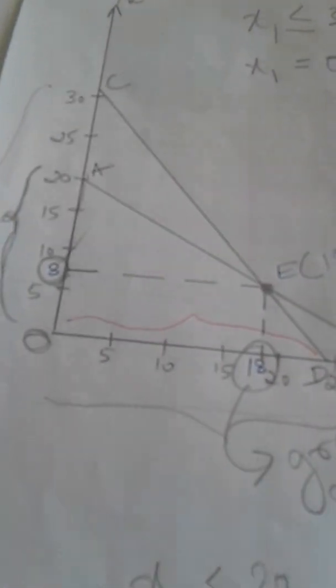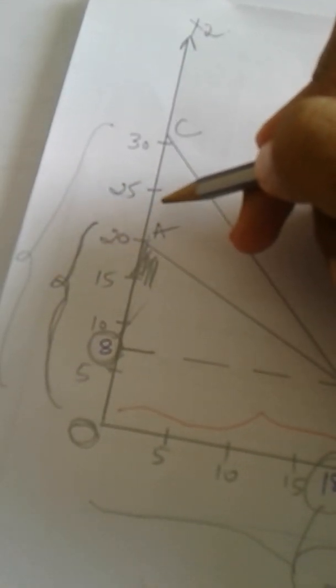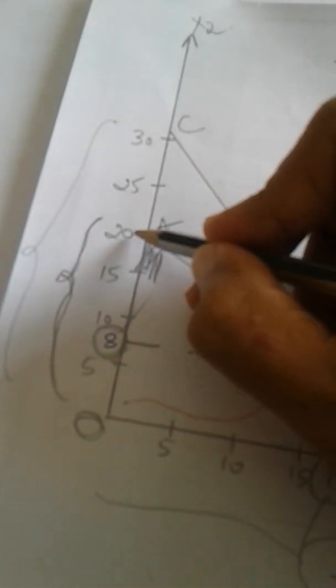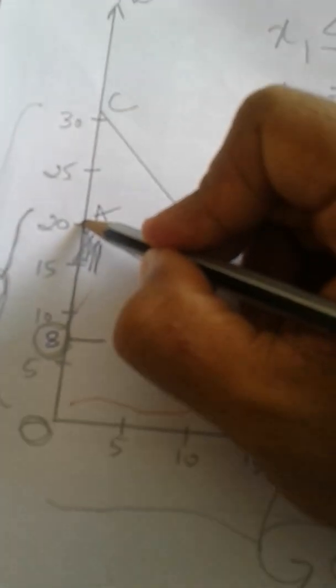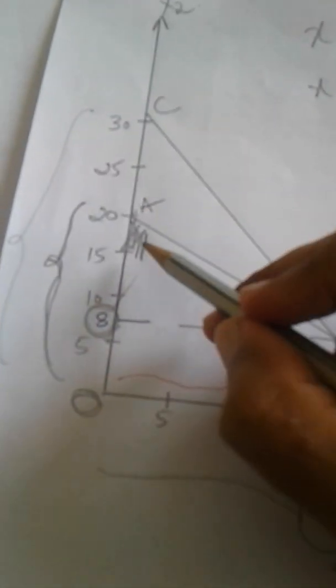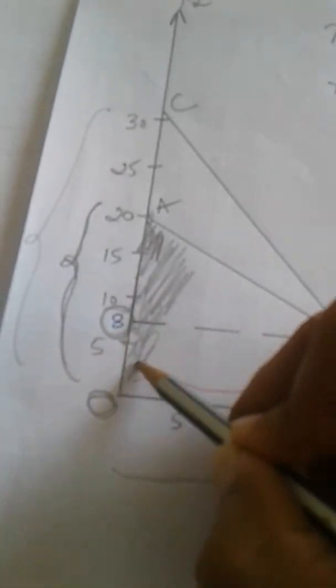Now if you have to see, I am going to shade only this area because x2 should be smaller than either 30 or 20, but here they have given that it should be compulsorily below 20 itself. So we are going to consider the least value, and I am going to shade only this particular area.